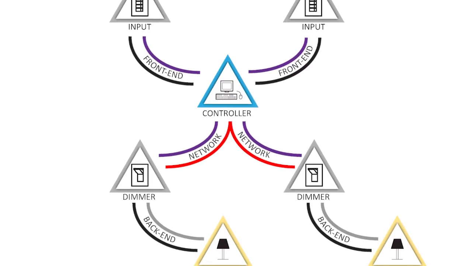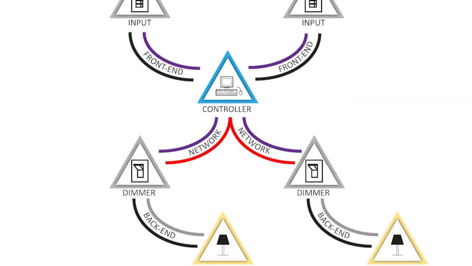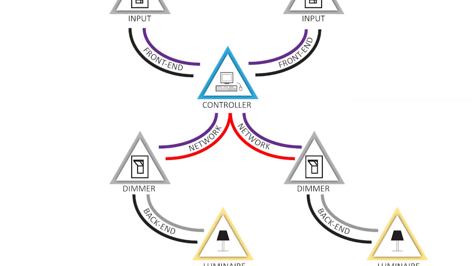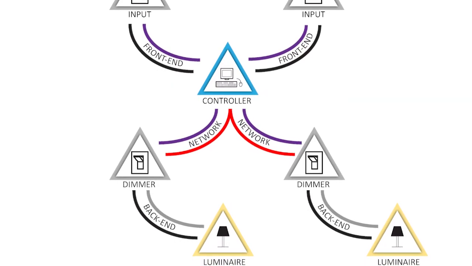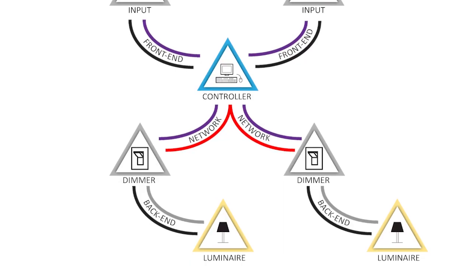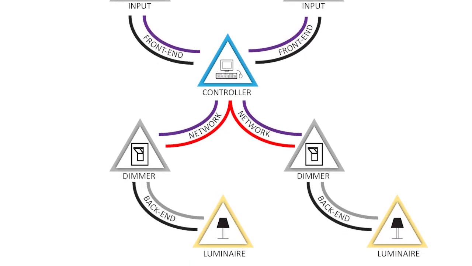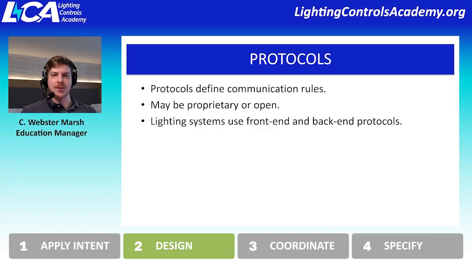So you might have a front-end protocol, which might be a proprietary protocol going from the keypad to the controller, and then the controller might use an open protocol out to the luminaire, which would be the back-end protocol. So you might have DMX out to a luminaire connected to a controller, which would be a back-end open protocol communicating with a proprietary system.